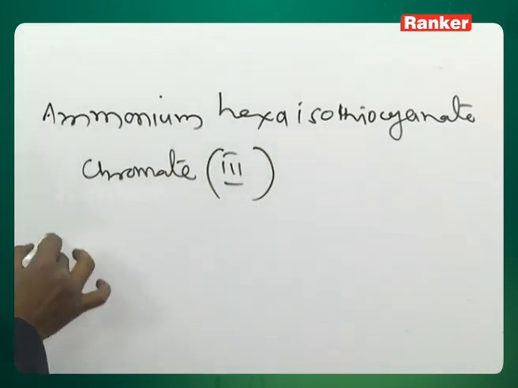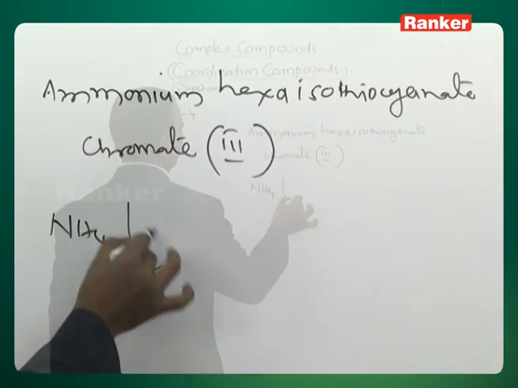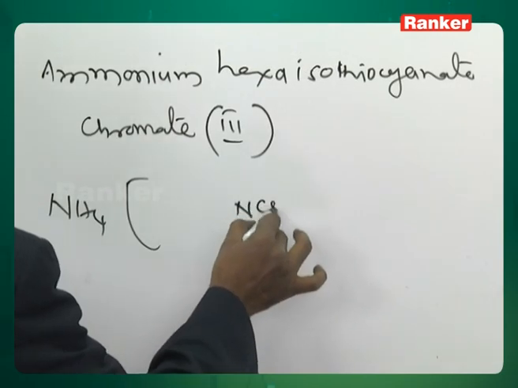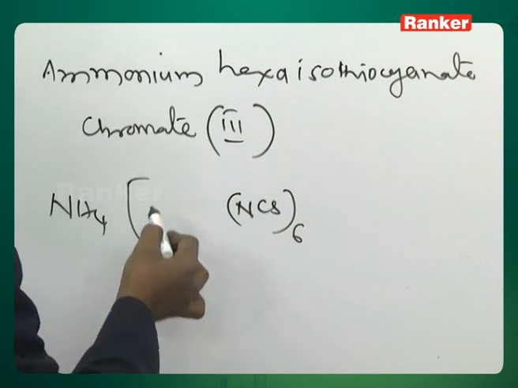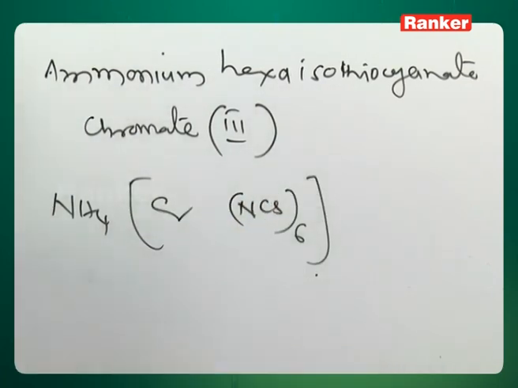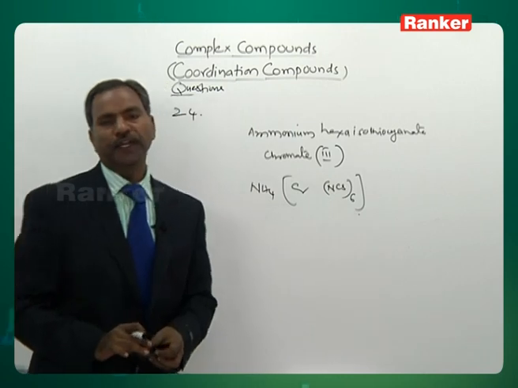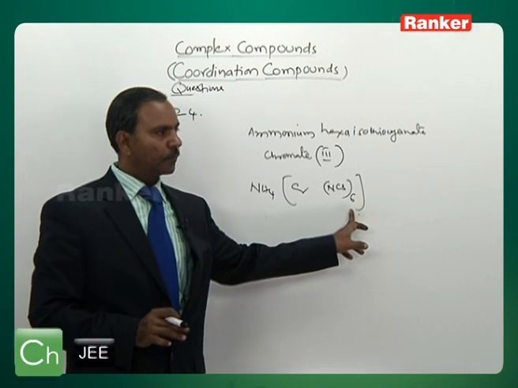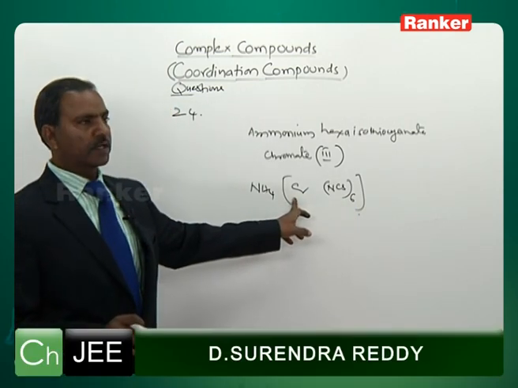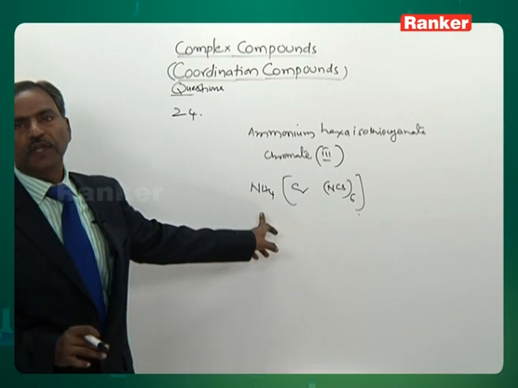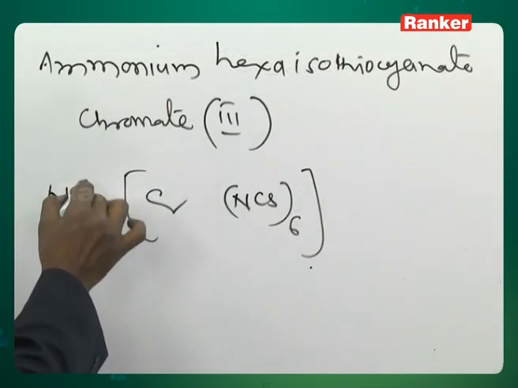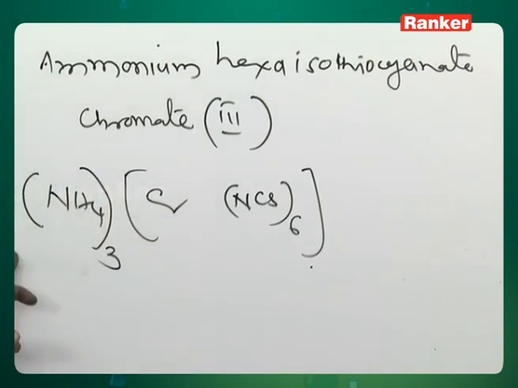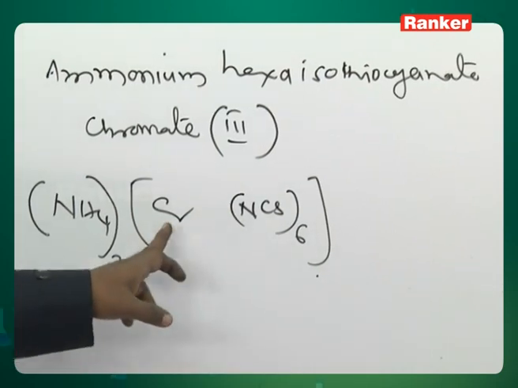First let us write ammonium, NH4. Next, hexaisothiocyanato, NCS, hexa, chromium. Then we have to make it chromium 3. How many negative ligands are there inside? 6. But chromium should be plus 3. There should be at least 3 cations outside the coordination sphere. Therefore, ammonium 3, then hexaisothiocyanato chromate 3.